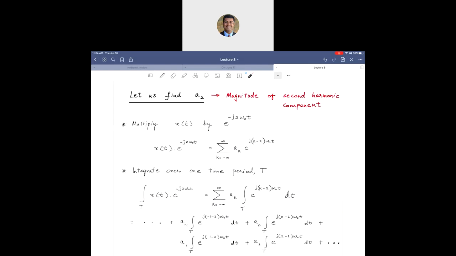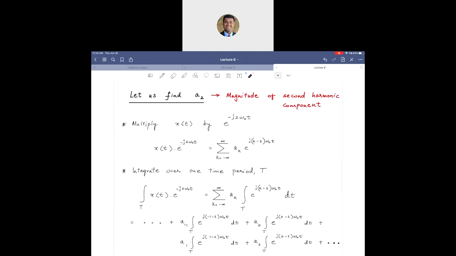Because our final goal is to just find the Fourier series coefficients, we are using a sub k to denote the Fourier series coefficients. Our goal is to find those a sub k's for a given x of t. And if we are able to do that, we are done with Fourier series coefficients. And in that attempt, let us start with a sub 2. a sub 2 is the magnitude of the second harmonic component of x of t.